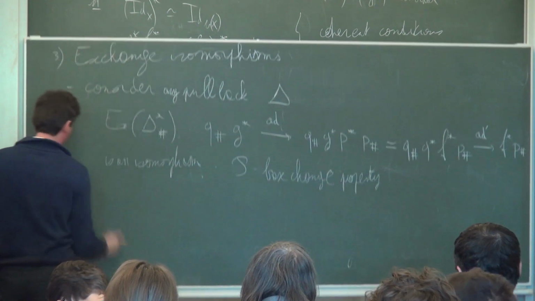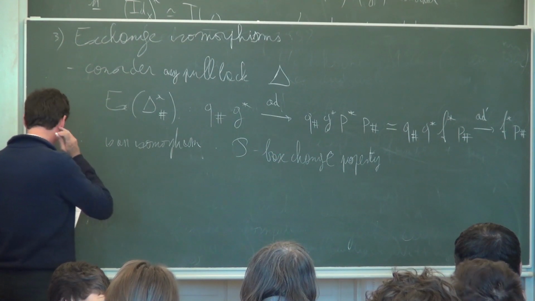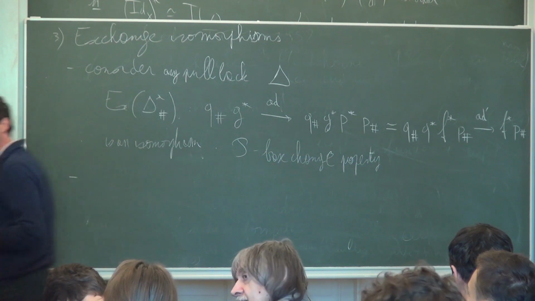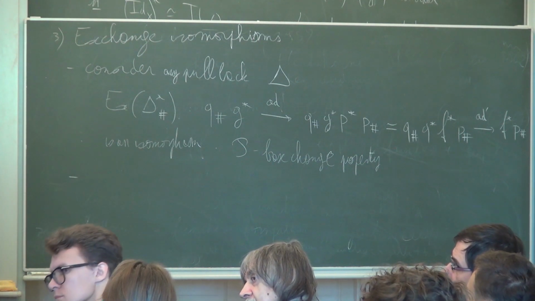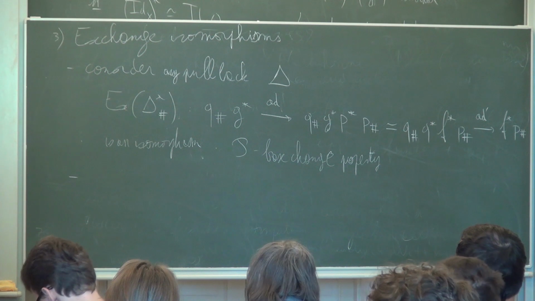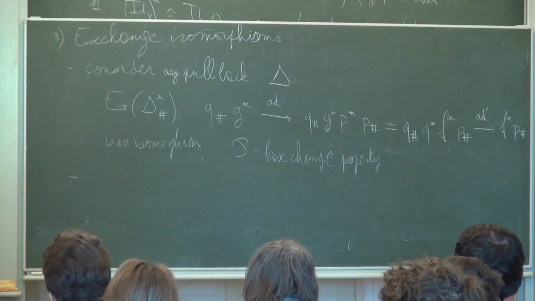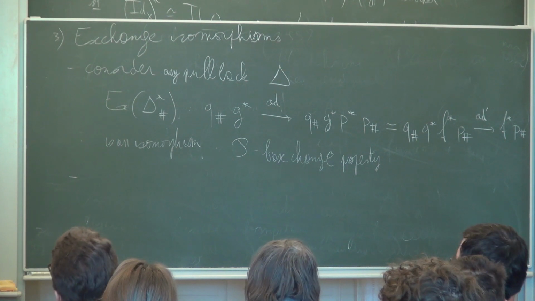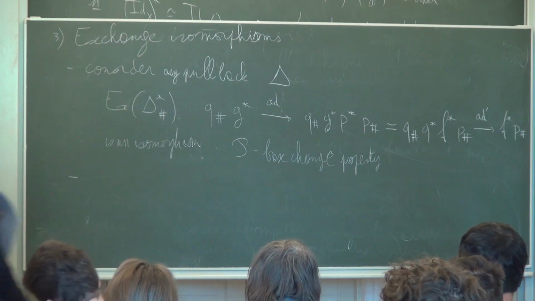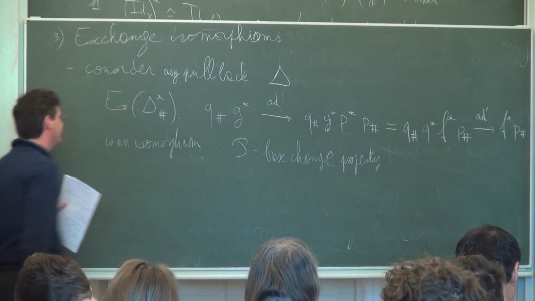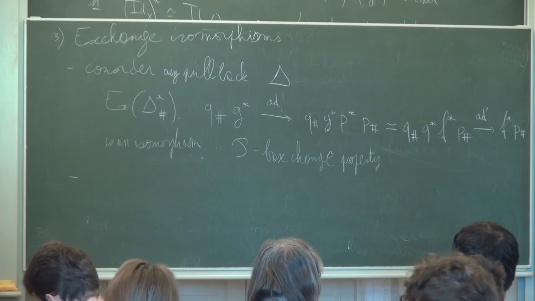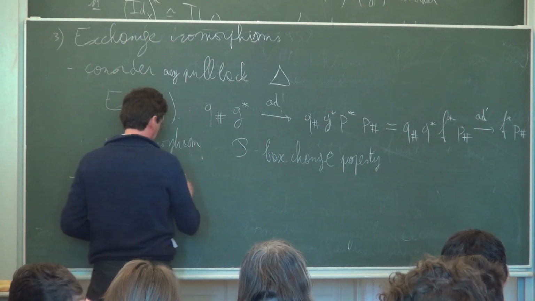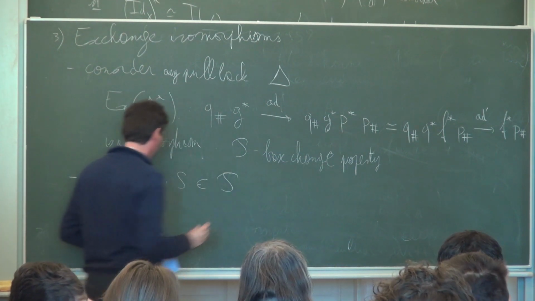The other thing is that you now consider any map f from X to S. Then the next axiom is that you take p from T to S, a P-morphism.